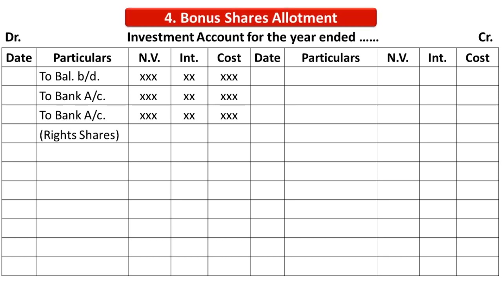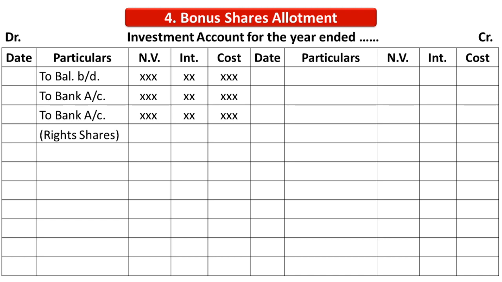Transaction number 4, bonus shares allotted. As I already explained in earlier videos, the shares which are issued free of cost by the company to its owners or shareholders are called bonus shares. Bonus shares are free of cost shares, so there should not be any payment part.